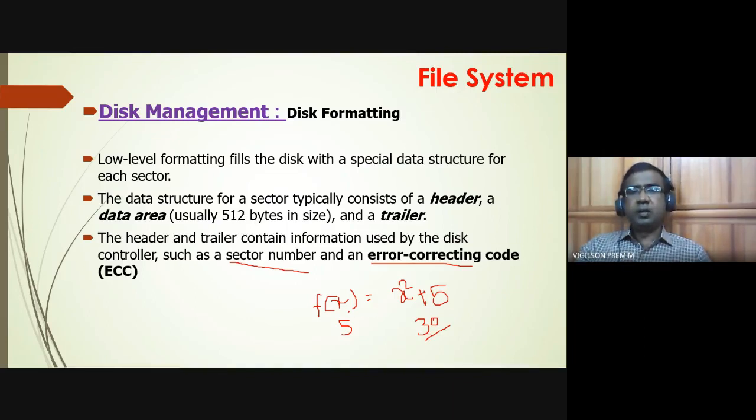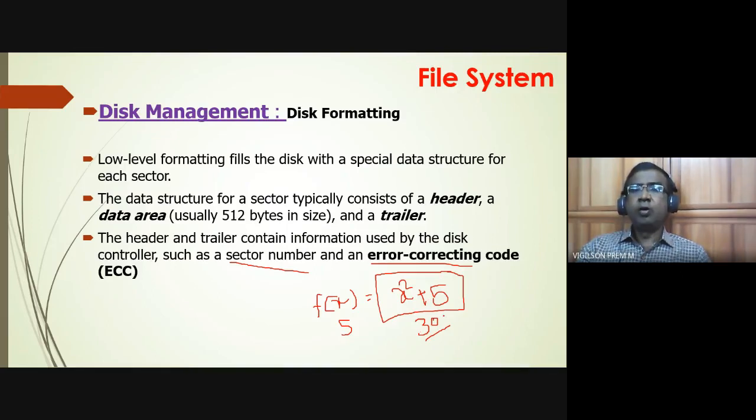Now assume the data I am storing in that particular sector is 5. The operation I am doing is f of x equals x squared plus 5. Others do not know about this function. That means a third person or another person does not know about this function.